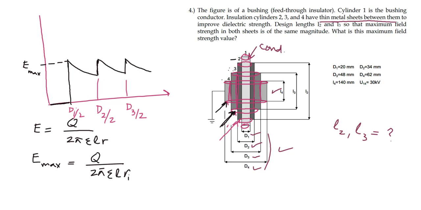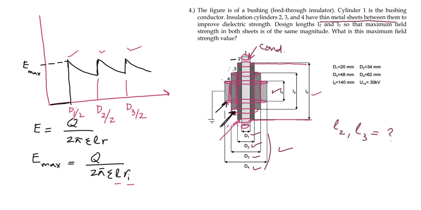And what about the lengths? We will take these radial distances as d1 by 2, d2 by 2, d3 by 2 for all these 3 points. Now at the surface of the conductor, we have length L2, as you can see here, from here to here. So the length of the insulator is L2.